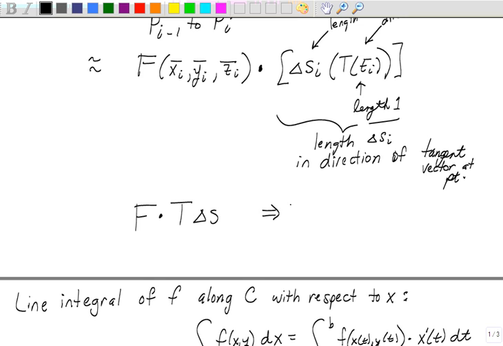But then we add up all those arcs and take the limit, and we can say that the work is the integral over the curve of the force dotted with the unit tangent vector.